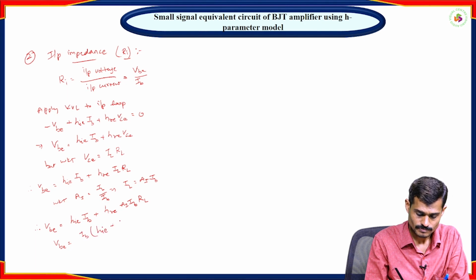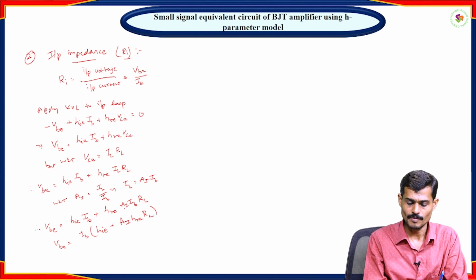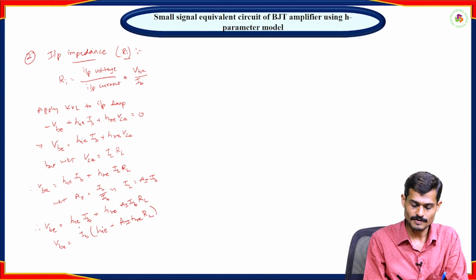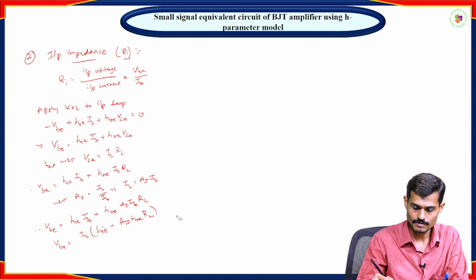VBE equals IB into HIE plus AI into HRE into RL.